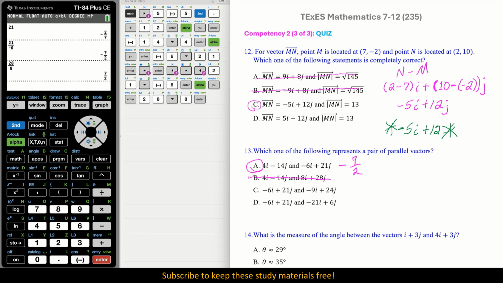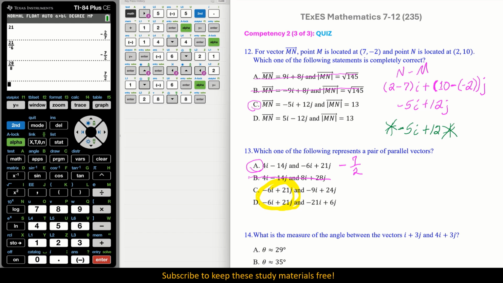Now let's try C and D, but C, as you notice, these first two here, they're also going to be -7/2. So what we really need to test for C and D are the second vectors.